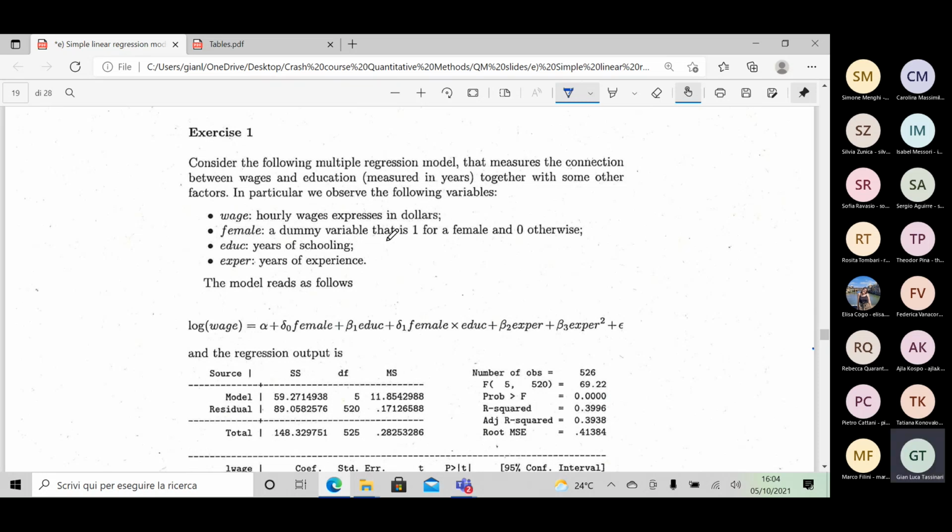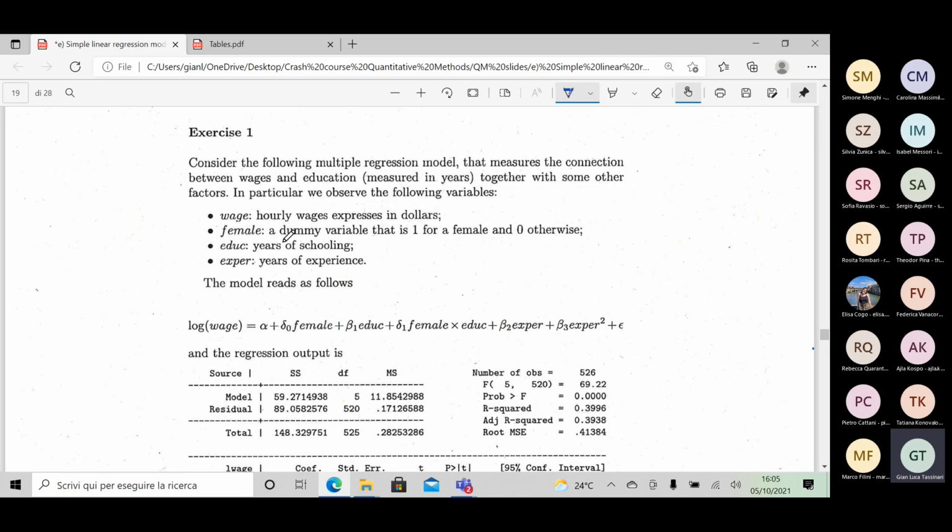Female is a dummy variable, as you will see probably in econometrics, a variable that can assume only two values. If the first element of your sample is a male, it assumes value 0. If it is a female, value 1.